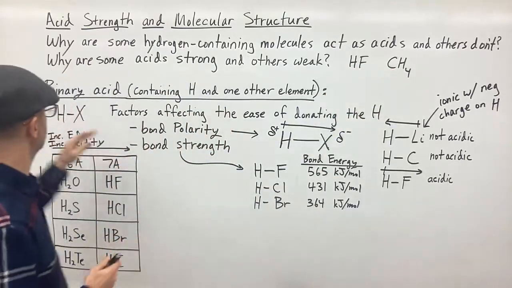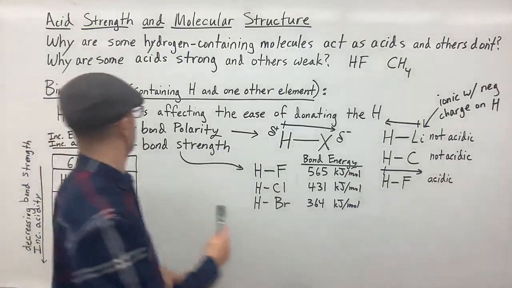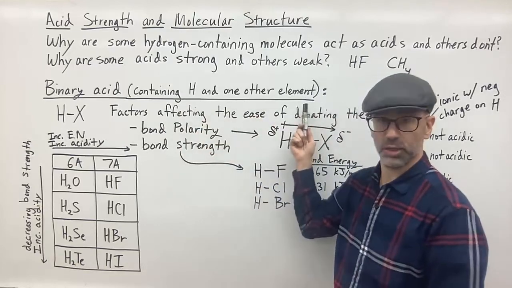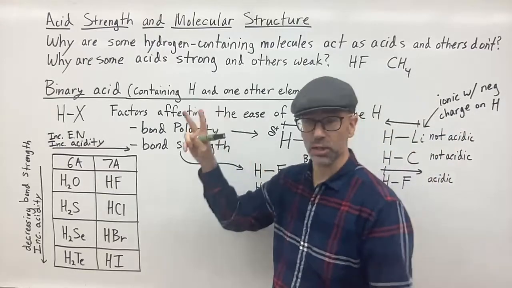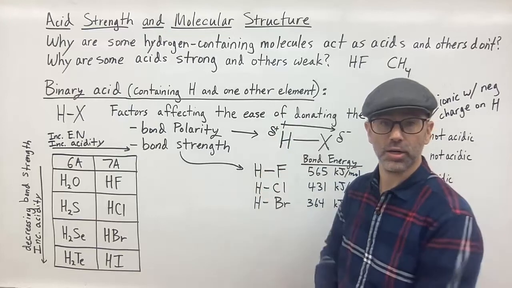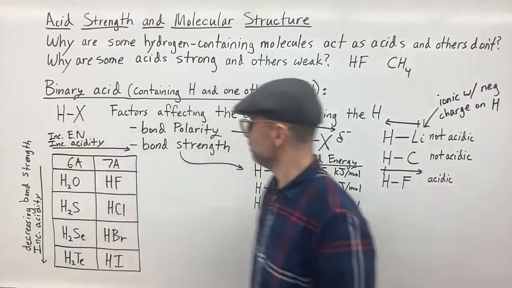To begin, binary acids are the acids that contain hydrogen and one other element. Hence the word binary, bi meaning two, two elements. One of those elements is hydrogen and the other is some other element. So the generic form would be HX.